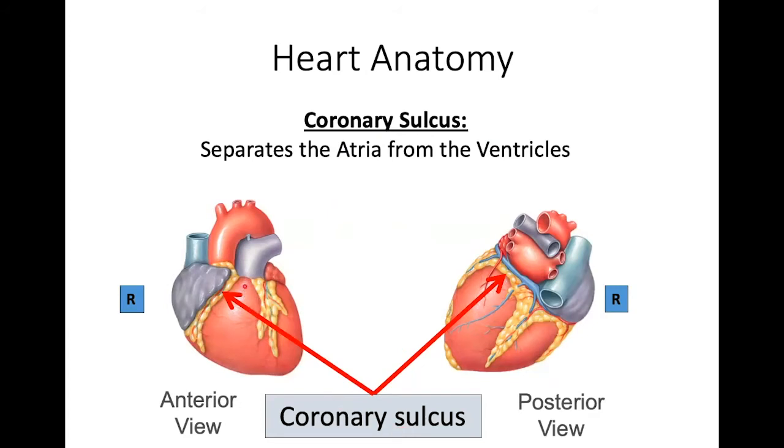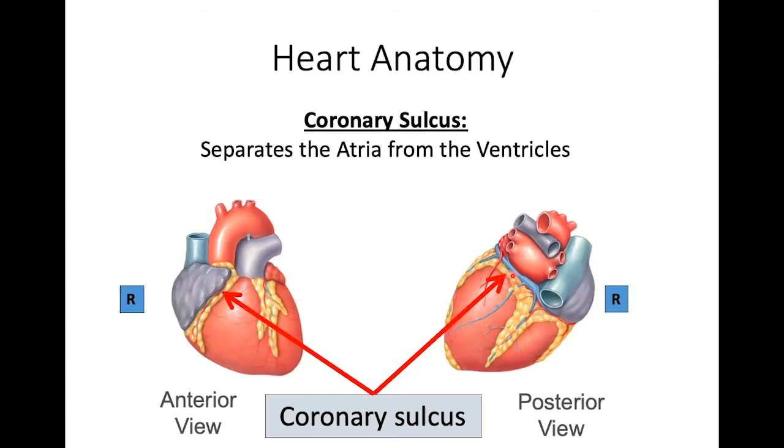And so here we have these depressions on the outside of the heart that divide structures anatomically. Now, the coronary sulcus, think of it as the crown. It wraps right around here and separates the upper chambers from the lower chambers. So the coronary sulcus is the external landmark separating the atria from the ventricles.